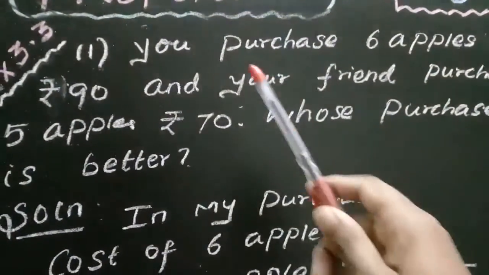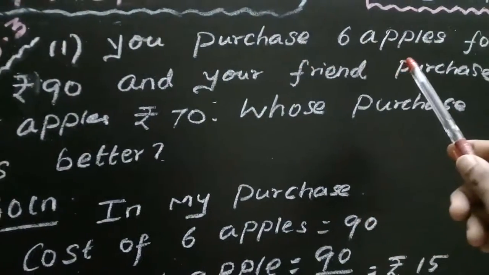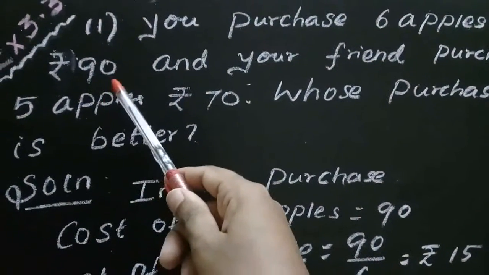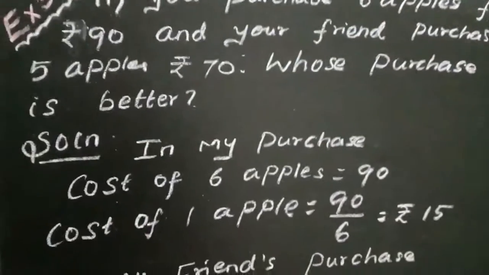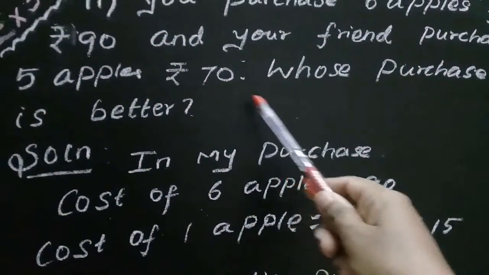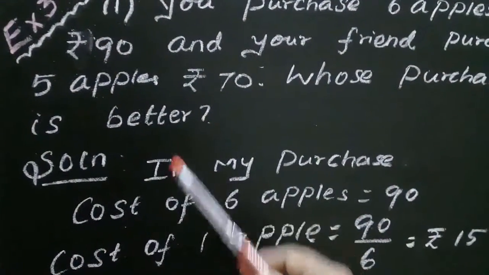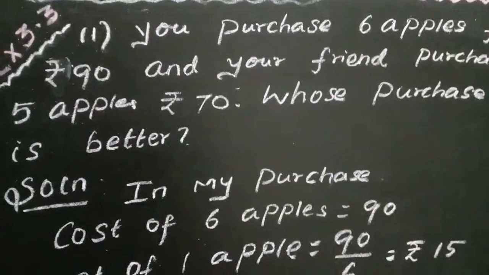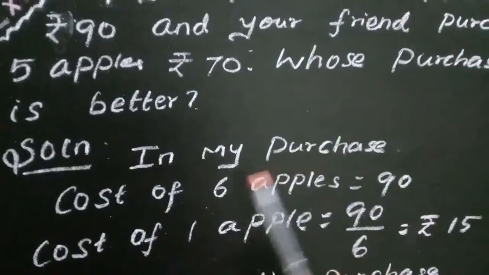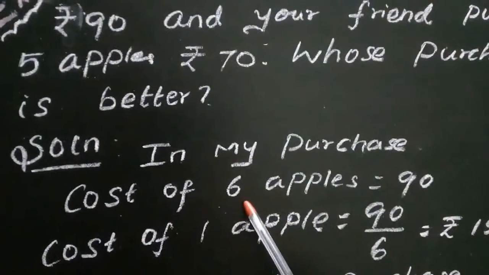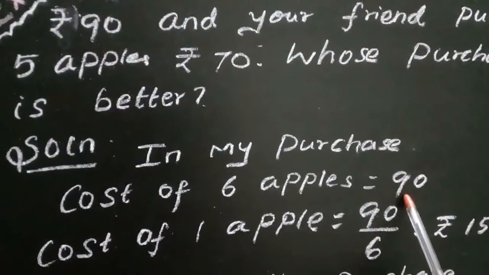11th question. You purchase 6 apples for rupees 90 and your friend purchases 5 apples for rupees 70. Whose purchase is better? We have to find whose purchase is less amount. Here in my purchase, the cost of 6 apples equals 90 rupees.